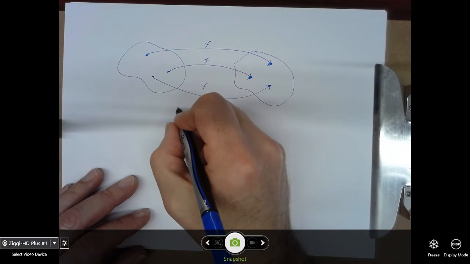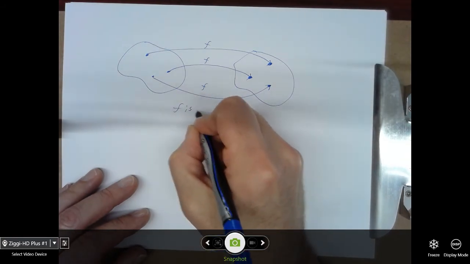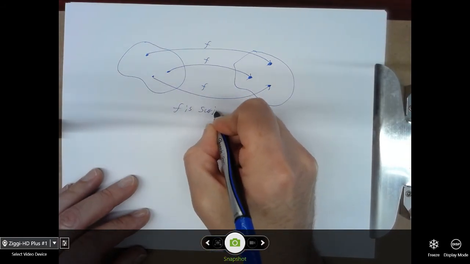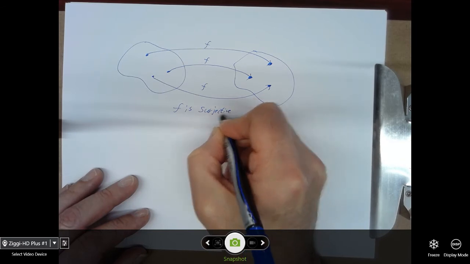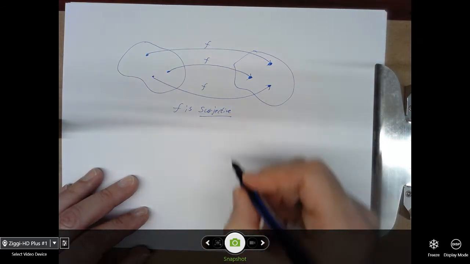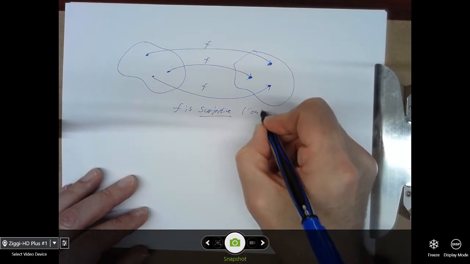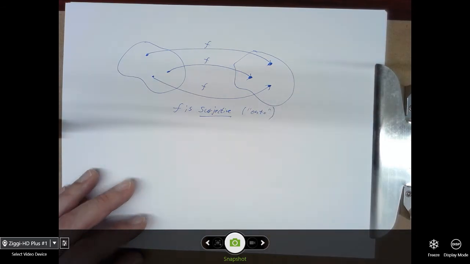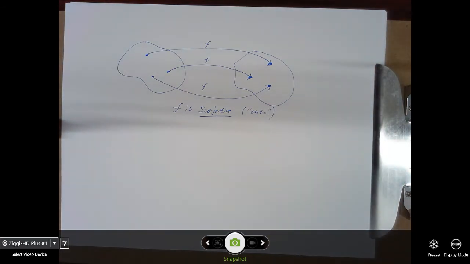So we call this surjectivity. And sometimes we use the word onto. We turn onto into an adjective. So we say f is surjective if it maps to every point in the codomain.